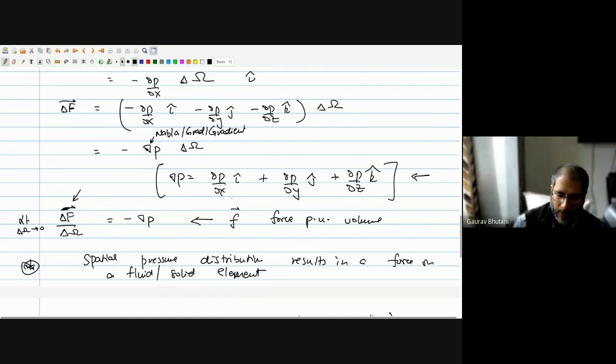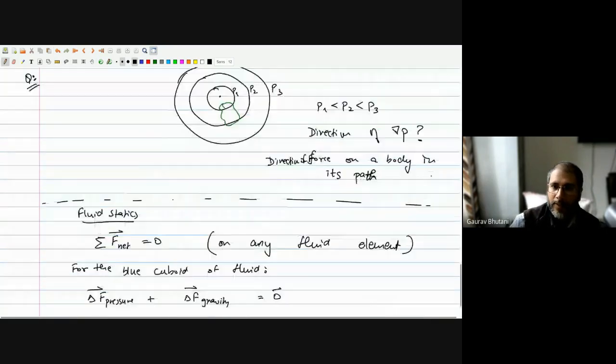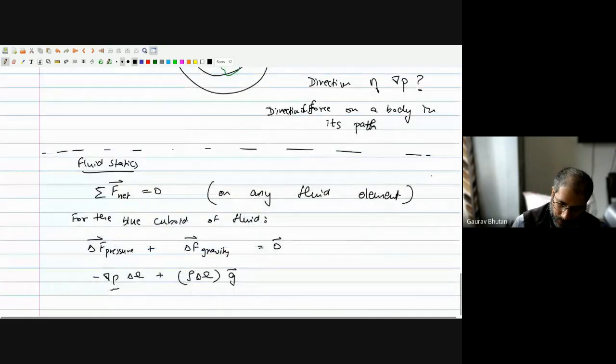So we don't put an arrow over grad P because that's redundant. You'll see some books doing that, but we will not. This is equal to the zero vector. So grad P in this case is equal to rho times g.